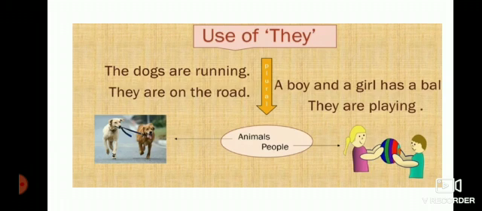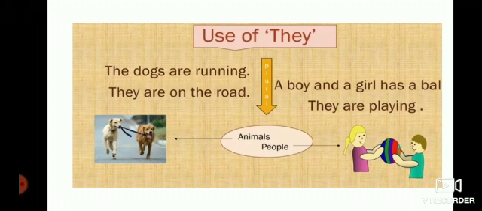For example, Sheila, Chitra, my mother, my auntie, my sister, Renu. Instead of a girl's name, you have to use she for singular. And it is also used for singular, for an animal, place or thing. For example, the dog, cat, box, pen, you have to use it.